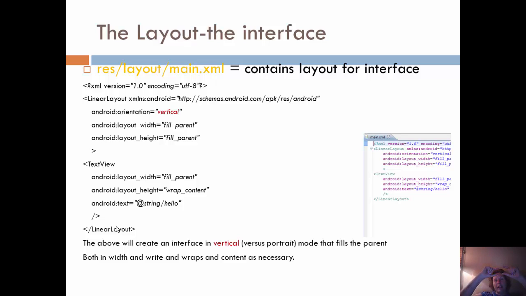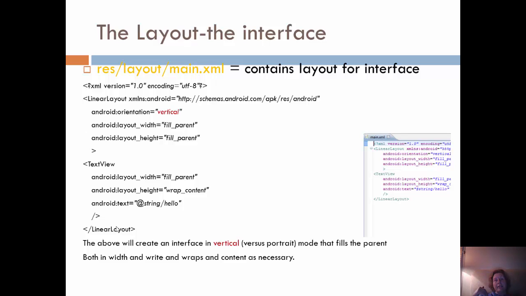If you notice in red it says vertical orientation in the XML. So the first widget will be on the top, then the next one, then the next one in a vertical layout. So for phone, which is what we're targeting, that's not an uncommon, very simple layout. We don't have a lot of real estate on the phone, so sometimes just having that linear layout makes sense. We're going to learn much more complex layouts later on, but for a beginning hello world, that works for us.